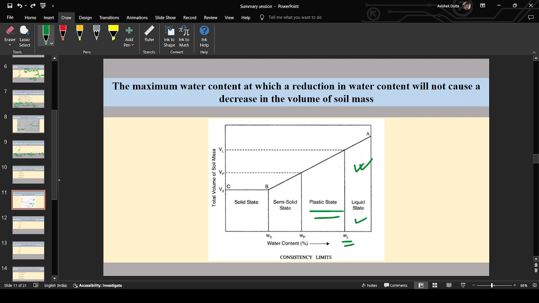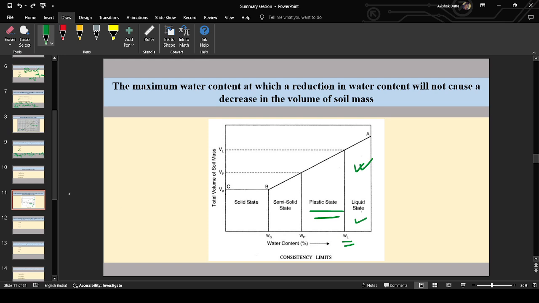In other words, we can say this is the maximum moisture content at which any reduction in moisture will not change the volume. If we go beyond this, then if we reduce the water content, the volume will change. But from this point, if you reduce the moisture content, there will be no change in the volume, no decrement in the volume.